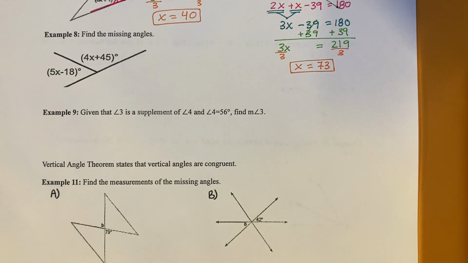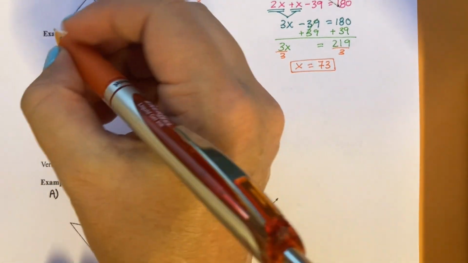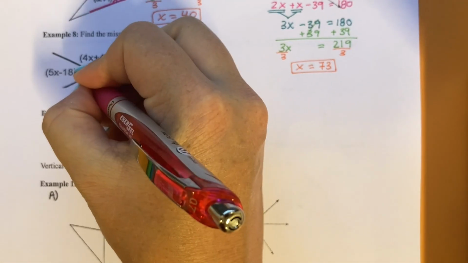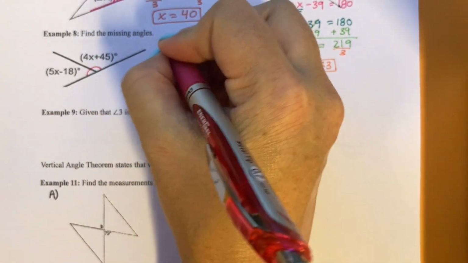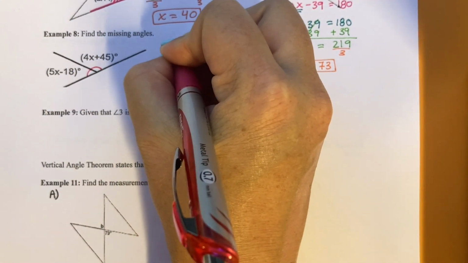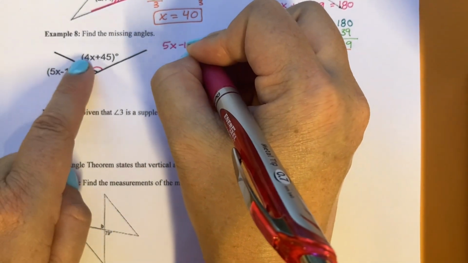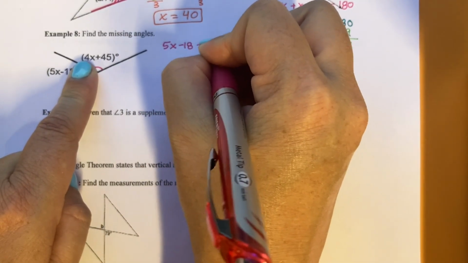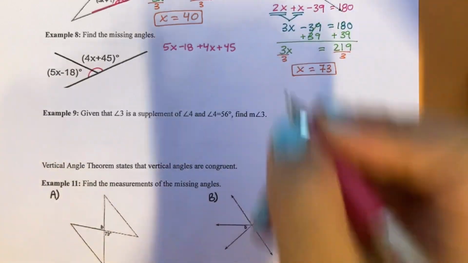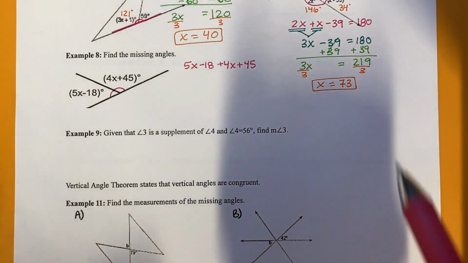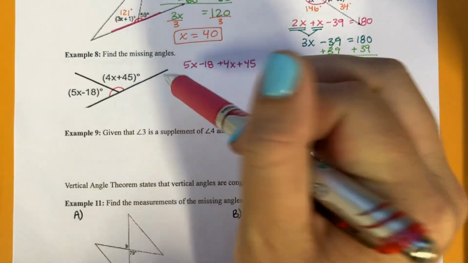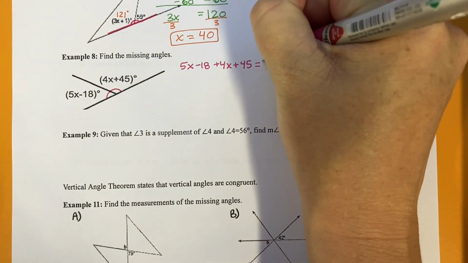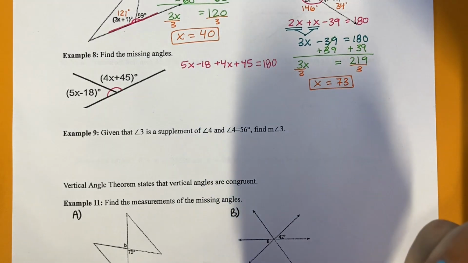Example 8, find the missing angles. We are given 5x minus 18 and 4x plus 45. Because these two together make a line, they're supplementary, so they will add up to equal 180 degrees.